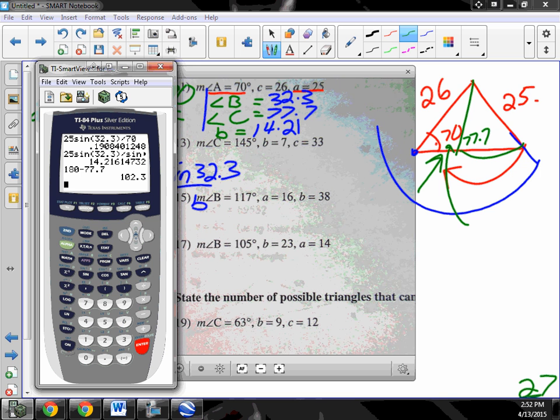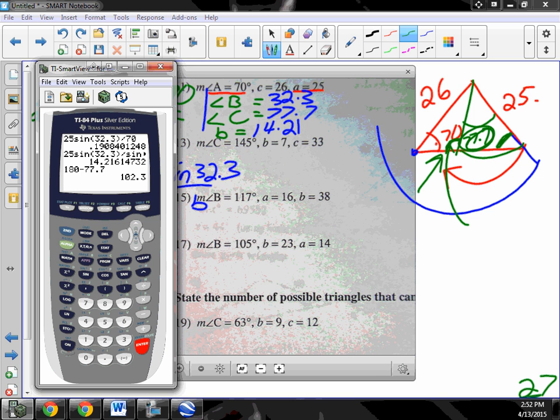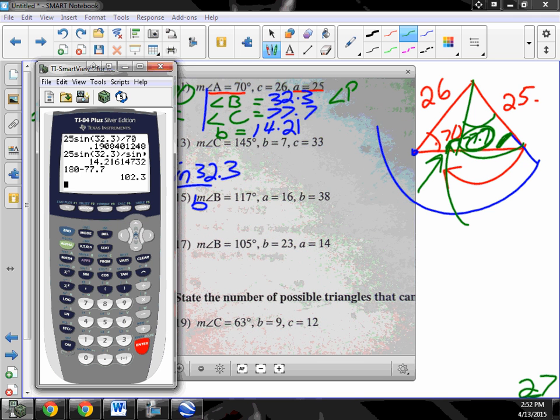Because angle C is this one here. And when I slide this side over, it's that angle there. But I don't know that one. I know this one. So the supplement is 102.3. So I need to make a new list. Angle B, angle C, and little b. And angle C is now 102.3.